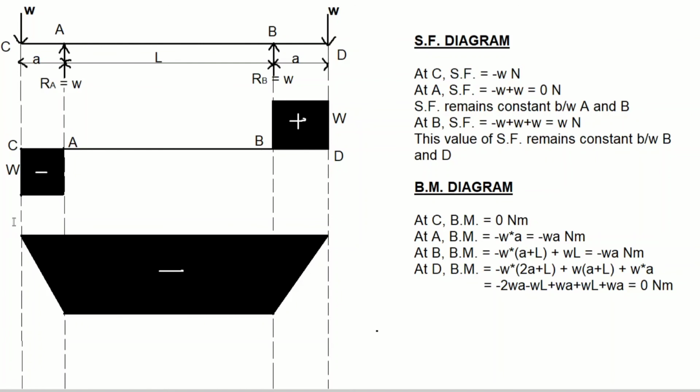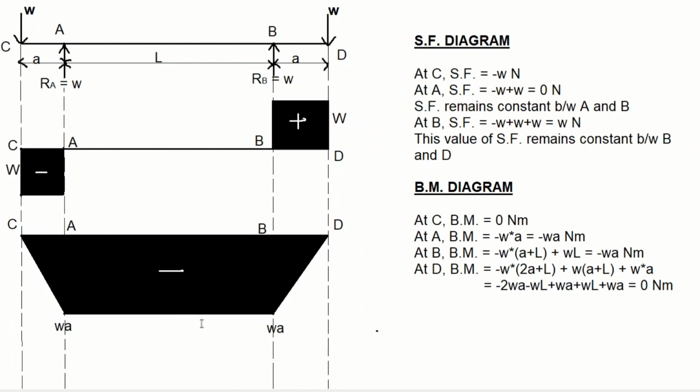This is C, this is A, this is B, this is D. And here it is WA, this is also WA.